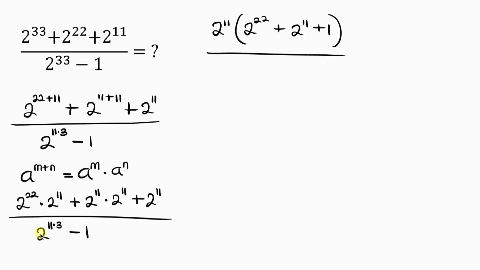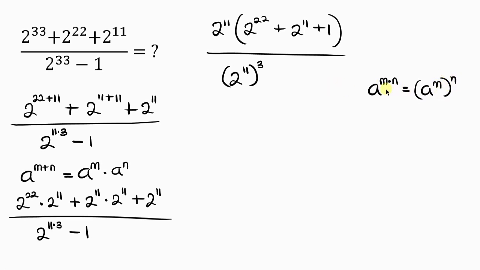Now 2^(11 times 3) can be written as (2^11) now raised to the 3. Why? Because from indices, when I have a^(m times n), this is equal to (a^m) raised to the n, because the powers multiply.